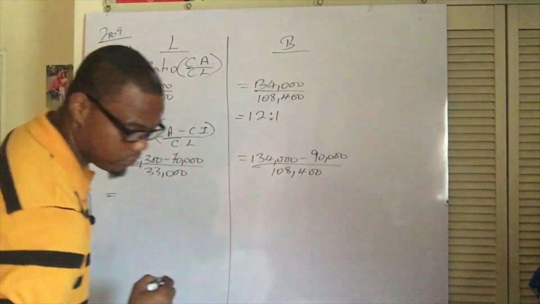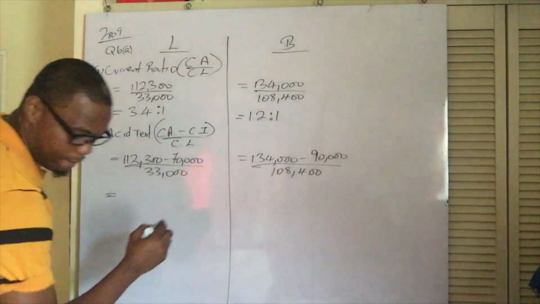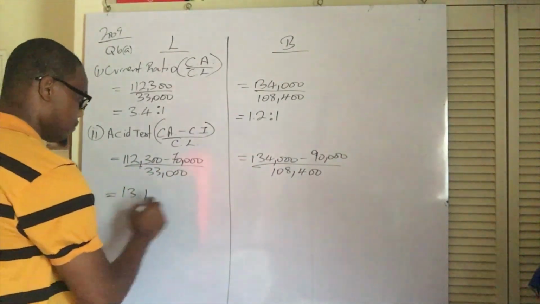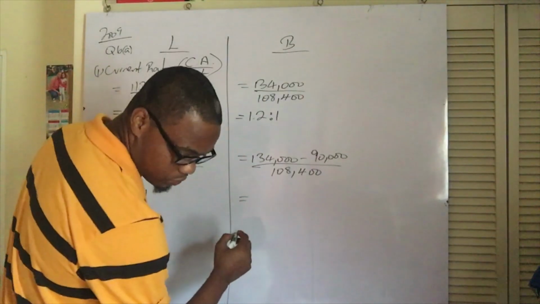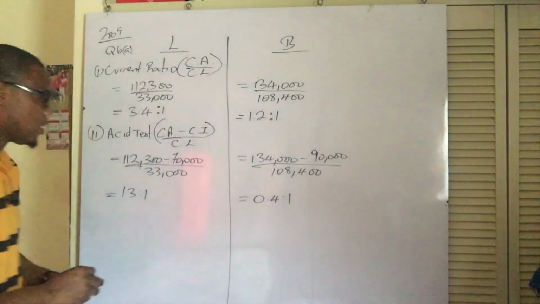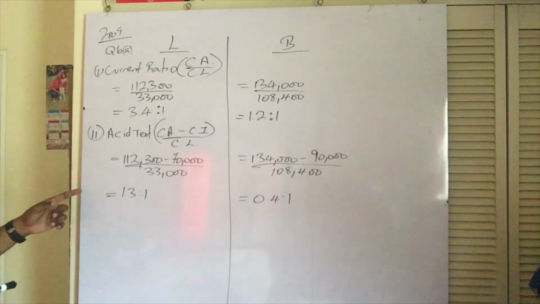And you work this out now. This would give you 1.3 to 1, and then this would give you 0.4 to 1.